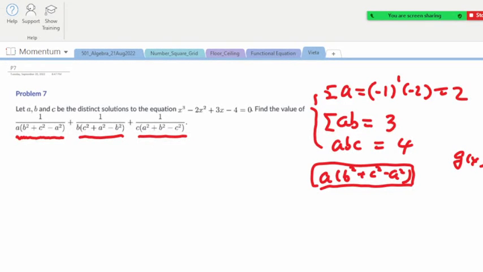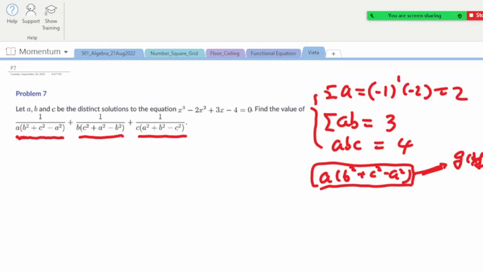Once I know g of y, basically the final step is to replace 1 over y, right? Did you get it? Yeah. Because we are very familiar with the relationship of the inverse of that, right?